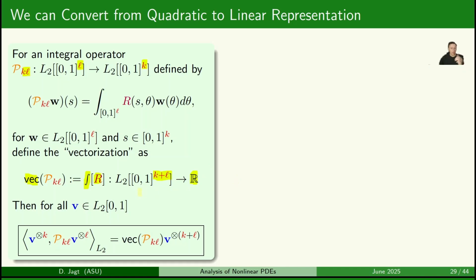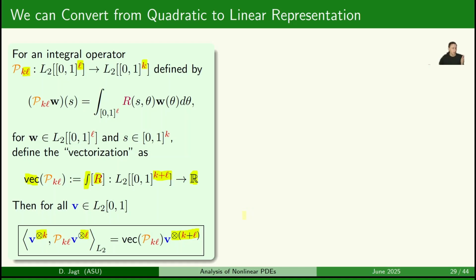Given this vectorization of the operator, we can convert from this quadratic representation involving the inner product of the distributed monomials of degree k and the distributed monomials of degree L to a linear representation involving the distributed monomials of degree k plus L.